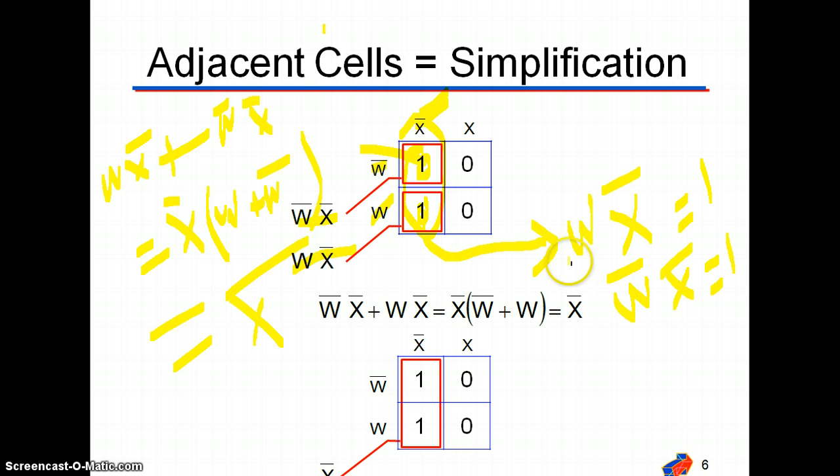Final output, this is here X bar, which we found through logical simplification. So this is how we simplify the two adjacent cells.